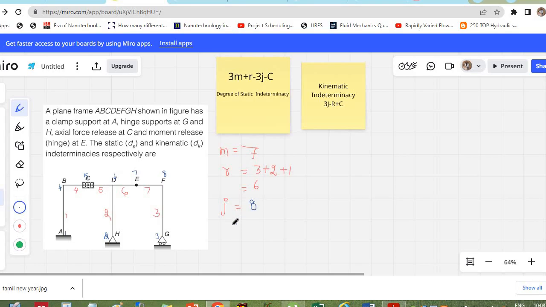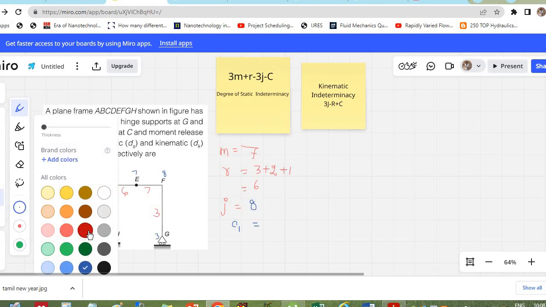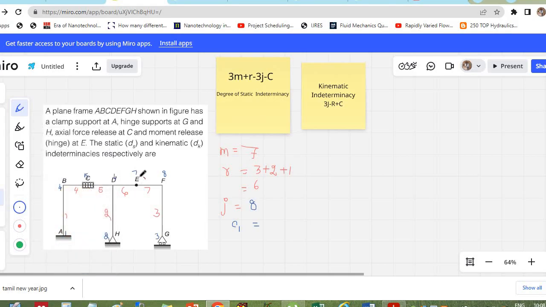Then we will calculate C1. At this location 2 members are meeting, so C1 is 2 minus 1. For C2, here 2 members are meeting, so C2 is equal to 2 minus 1, which equals 1.